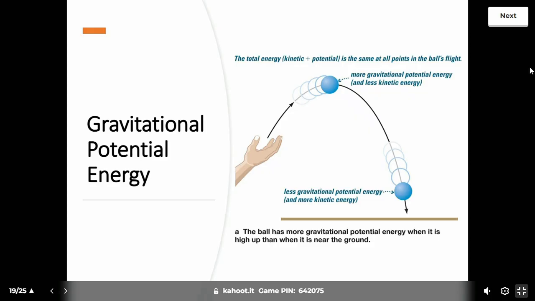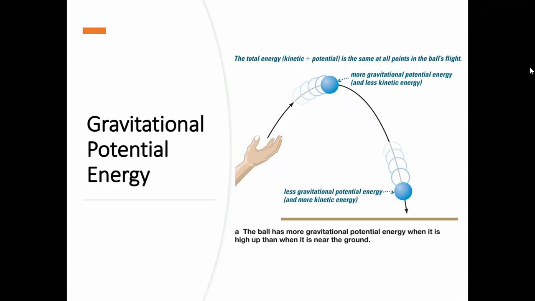In this example, someone is throwing a ball up in the air, so they're giving it some kinetic energy because it's moving. Once they release it, they're not giving it any more energy, and so that kinetic energy is being converted to potential energy until it reaches some maximum height. Then from that maximum height, it converts all that potential energy back into kinetic energy as it goes towards the ground.